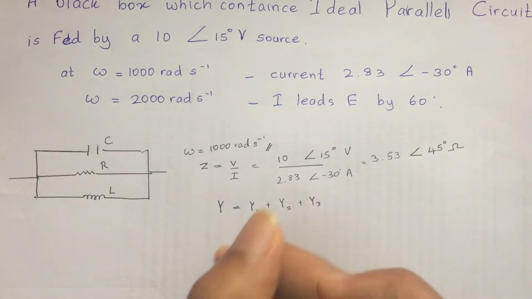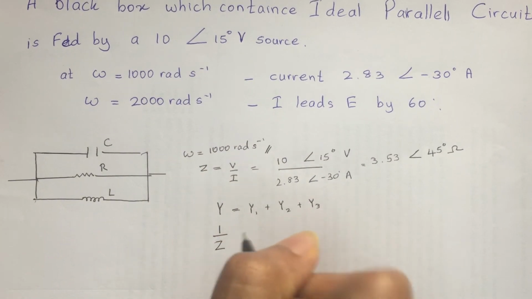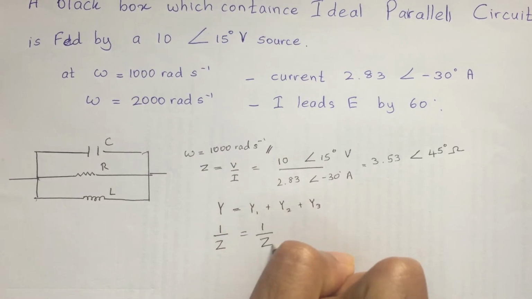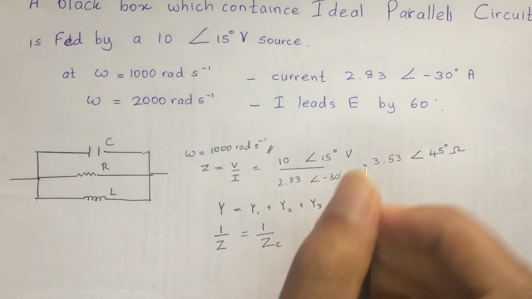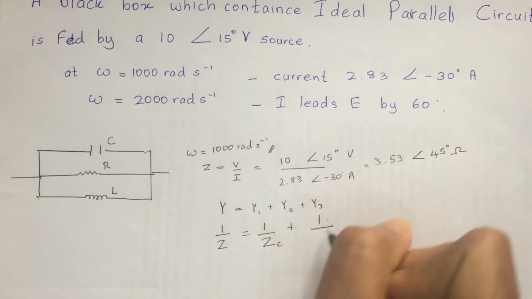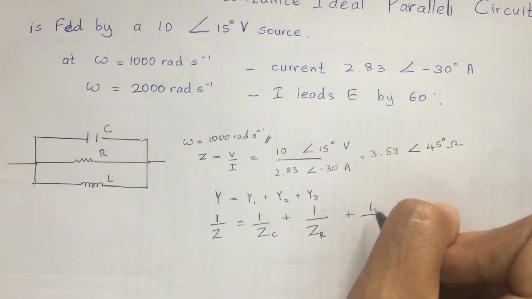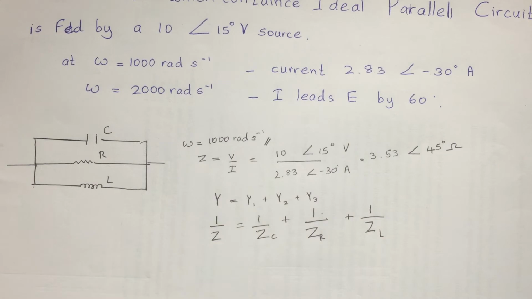So if I change it to impedance, the equivalent Y is equal to 1 over Z. We can tell 1 over Z is 1 over Z1, which is the capacitor's impedance ZC, plus the R's impedance, which is ZR, plus Y3, which is ZL.